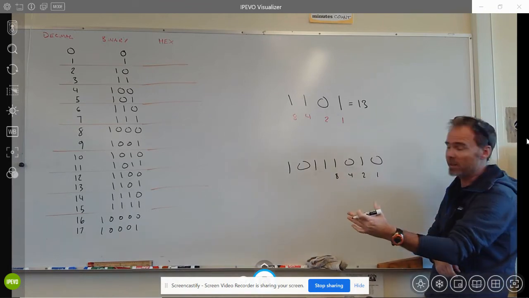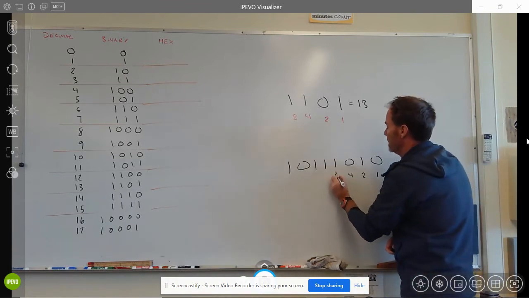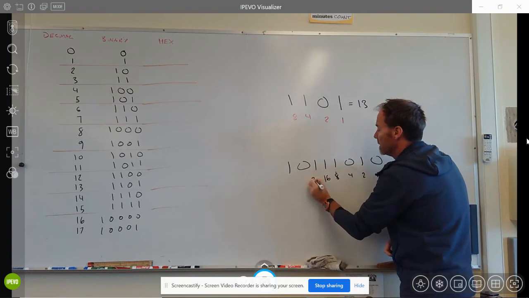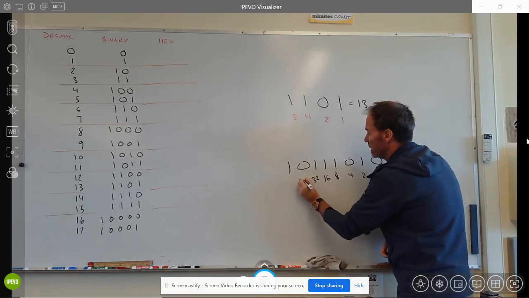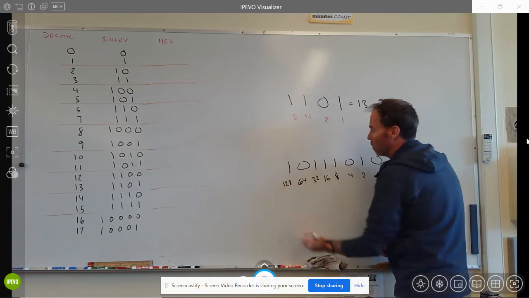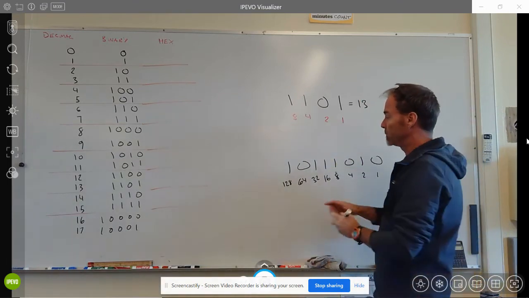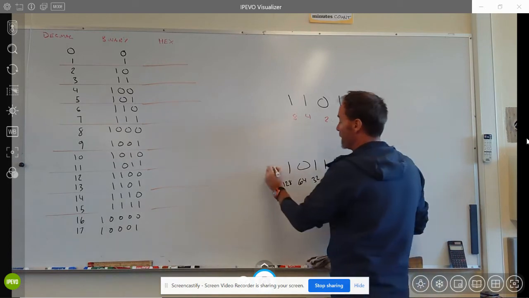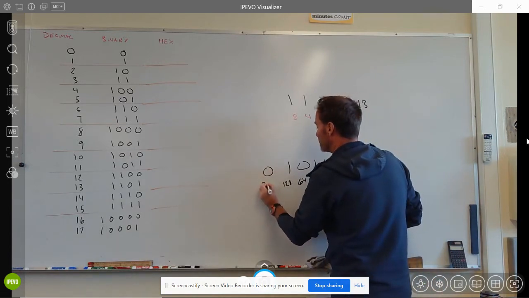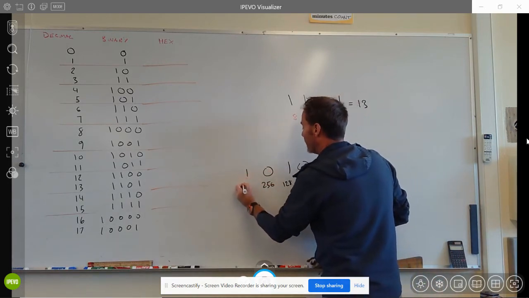They double every time I go out: 16, 32, 64, 128. If I go further out, 256, and with an even bigger number, 512.